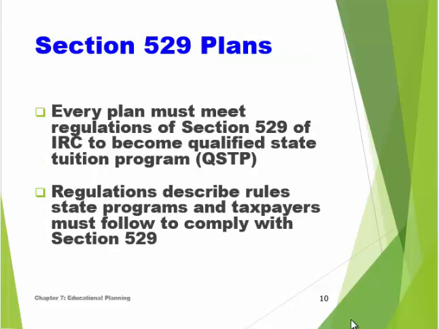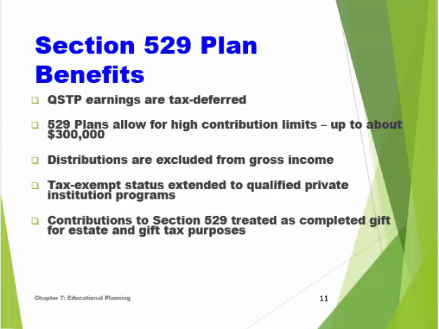Another kind of plan is called a Section 529 plan. And again, this is what's referred to as a qualified state tuition program. And there's lots of rules and regulations, but this works very similar to a Coverdale account. The differences are, quite frankly, how much money can ultimately be invested, right?